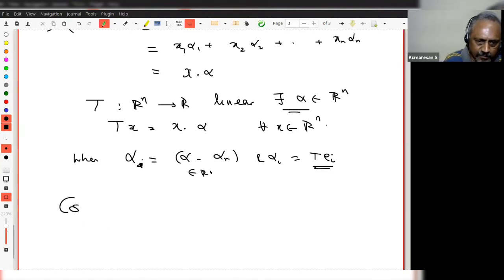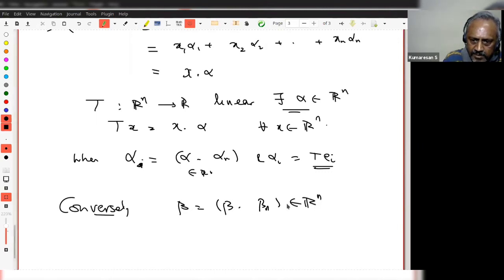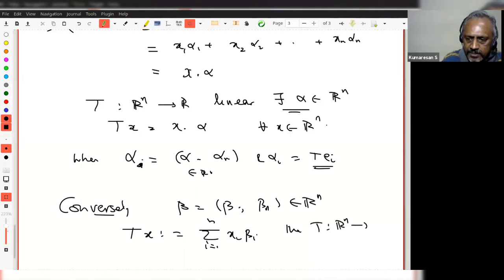Conversely, if beta equals beta 1 to beta n is a vector in Rn, define T of x to be the summation of xi beta i, i equal to 1 to n. Then T from Rn to R is a linear map.